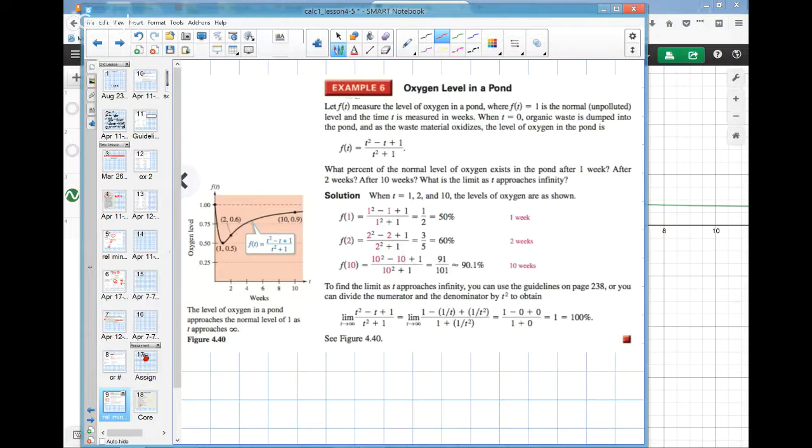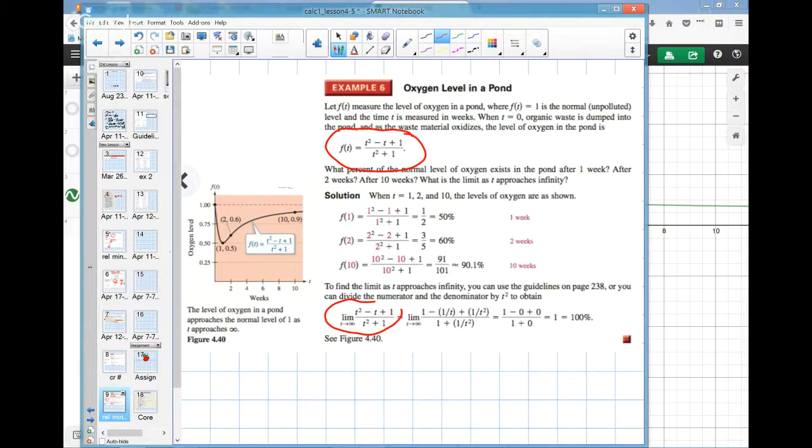When t equals 0, organic waste is dumped into the pond and the waste material oxidizes. And of course, the level of oxygen in the pond is going to change. And here's the function, f of t equals t squared minus t plus 1 over t squared plus 1.